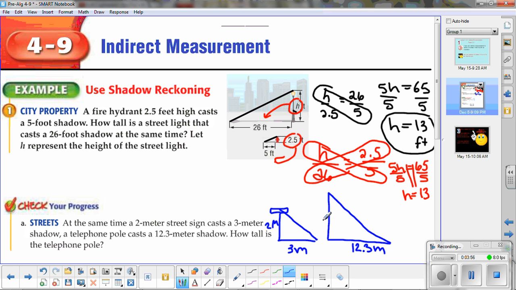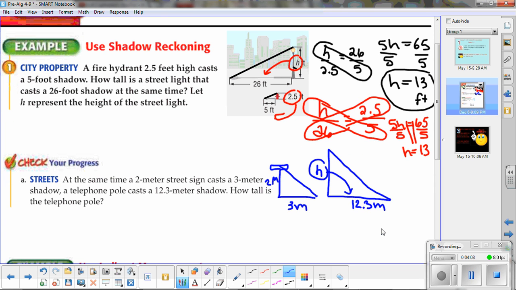So if you want to know how tall the telephone pole is, I'm going to just call that H. H matches up with its shadow, or H over 12.3 equals the other item, the street sign, matches up with its shadow.